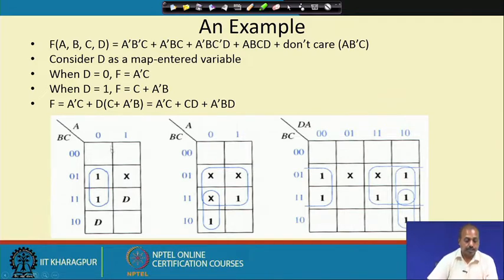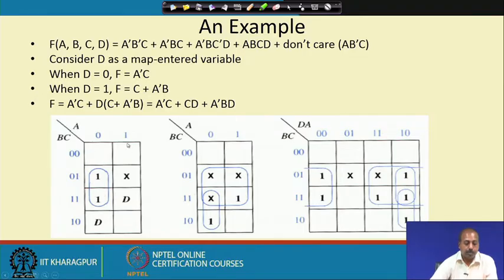If you take this function and put d equal to 0, these two terms cancel out. So you get a bar b bar c plus a bar b c. So this b plus b bar will cancel out, and you get a bar c. And when d equals 1, we get f equal to c plus a bar b.